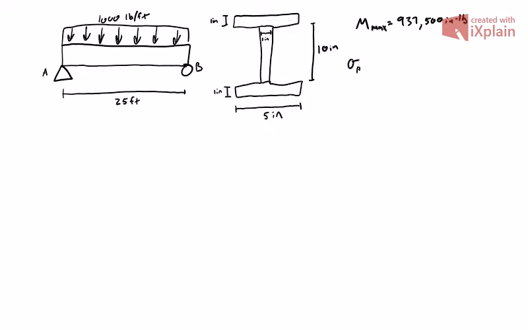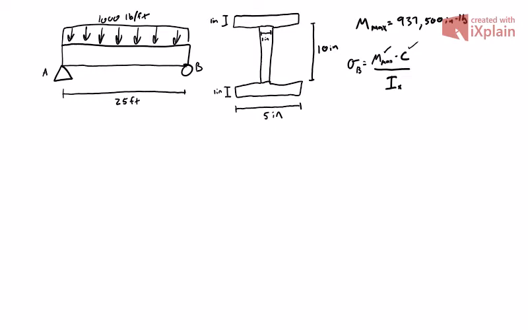Right, so bending stress is equal to the maximum moment, M subscript max, times C over Ix. We have the maximum bending moment already. C is the largest distance from the centroid x-axis to the end of the beam.